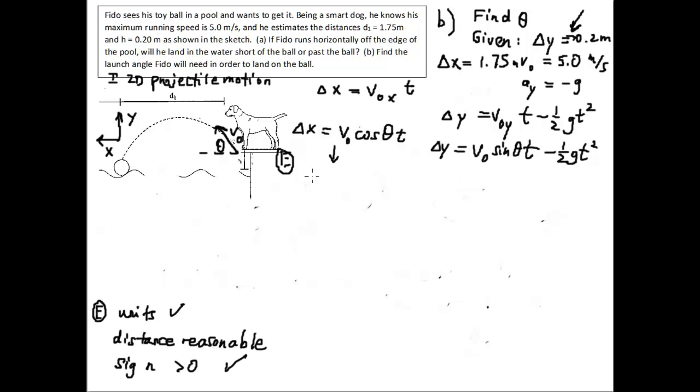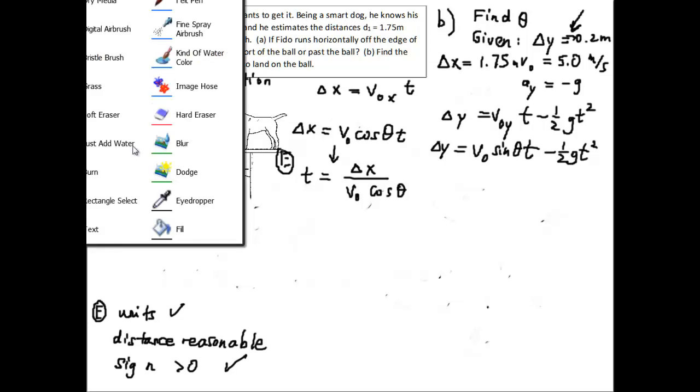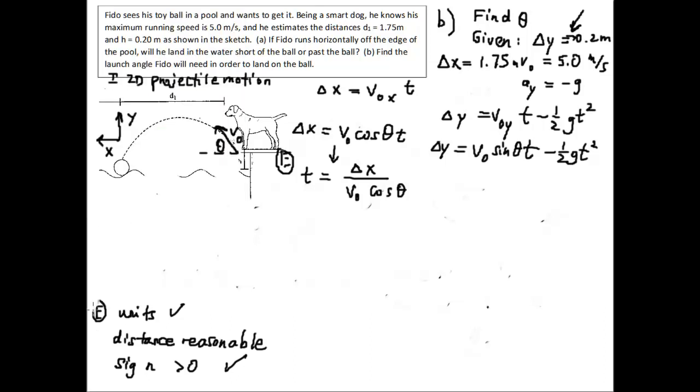So here we go. t from the delta x equation is delta x over v0 cos theta. Then we're going to substitute that into the delta y equation, but I'm not going to try to squeeze it in under the delta y equation because it's not going to fit there very well. So let me clear some space out down here underneath the sketch of the dog.